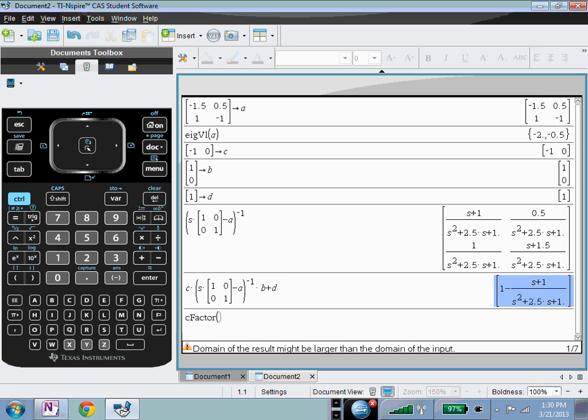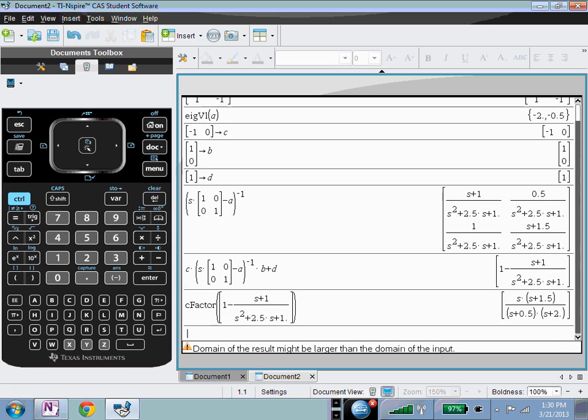Let me say complex factor, go up and capture that expression. And now there is my transfer function written in pole zero form. In factored form, I have s squared plus 1.5s all over s plus a half, that factor times s plus 2, and that's consistent with where my eigenvalues are. That's now how I could do it with the calculator.